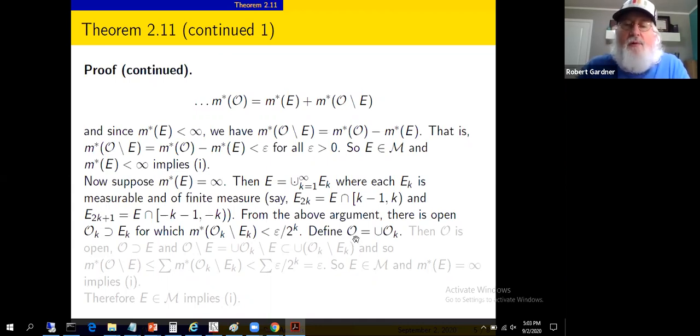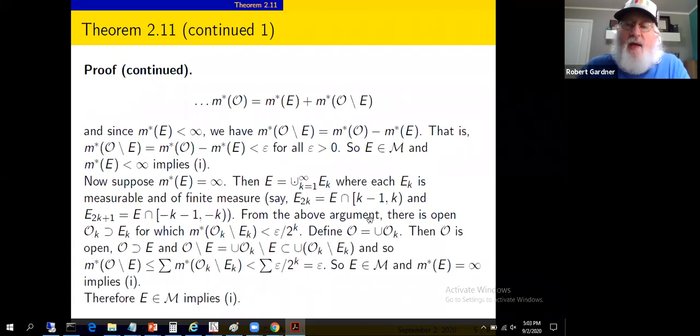And define O then to be the union of all of those O sub k's. All right, each O sub k covers each E sub k. Set E itself, that's what the question's about, is the union of those E sub k's.